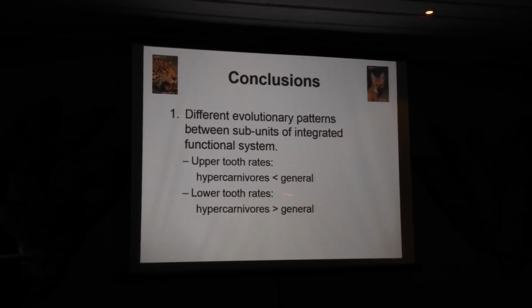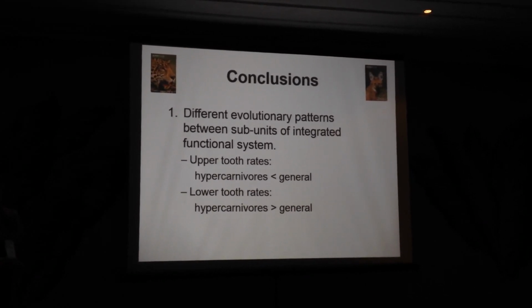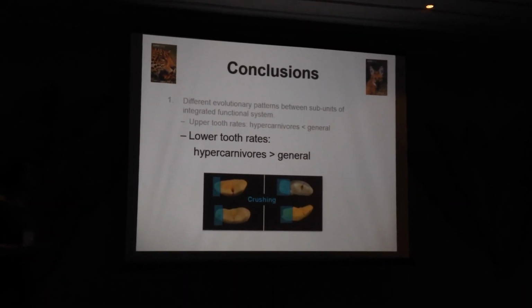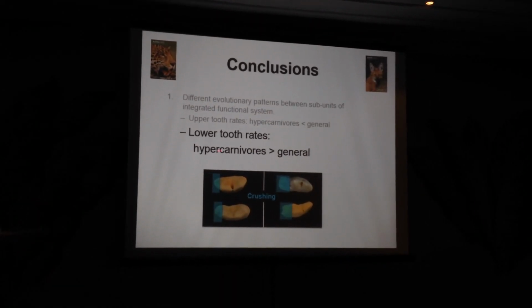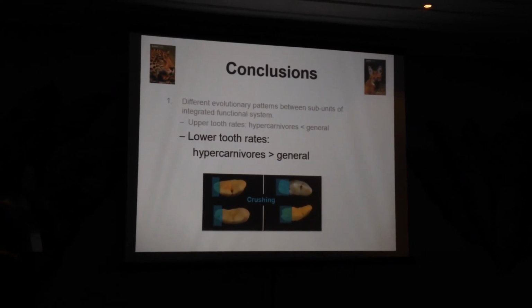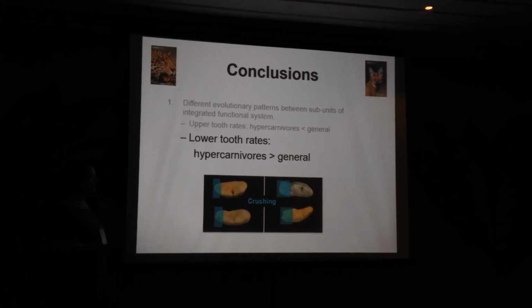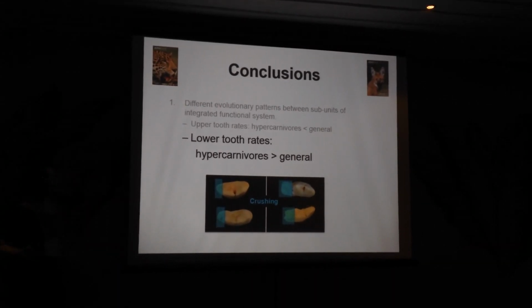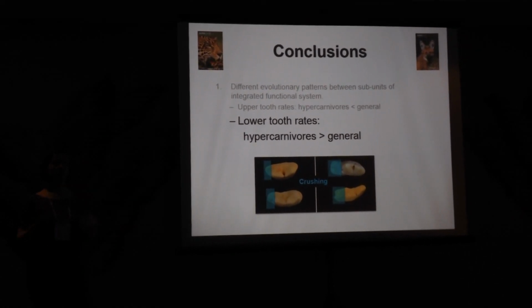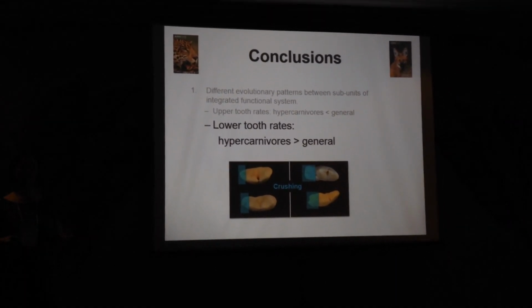In particular, the thing that we found that really wasn't consistent with our prior expectation was that these hypercarnivores have much higher rates of morphological evolution in the lower teeth. And if you were going to ask me why that is, I'm not sure. But I've got a hand-wavy explanation that I need to go and see if our data is consistent with. Potentially it could be a decoupling of the crushing and the shearing function.